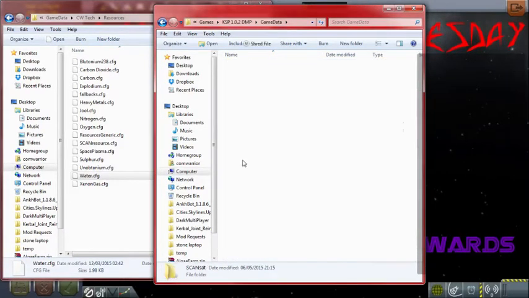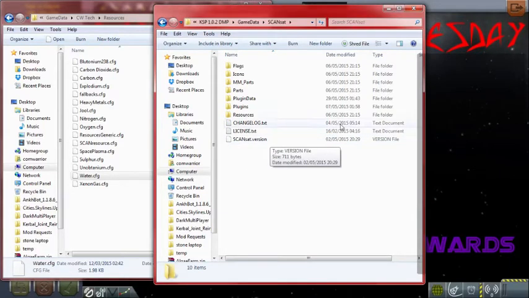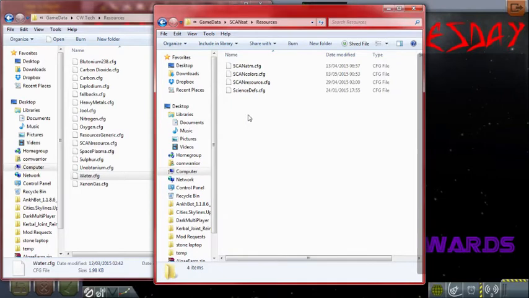So if we go ScanSat, and we're looking in here. Resources directory, ooh! Set of config files. No shirty.